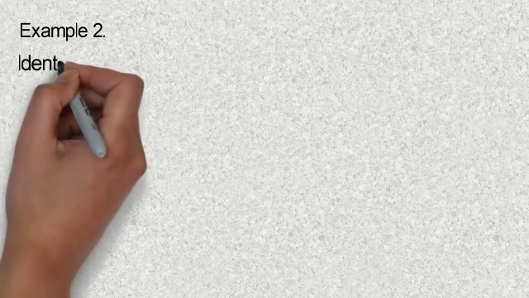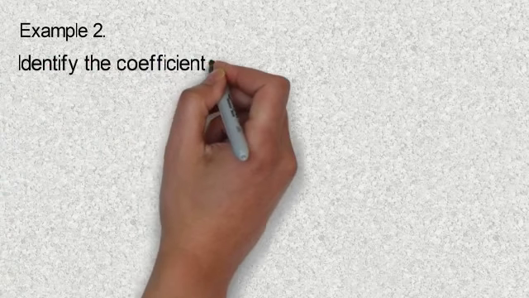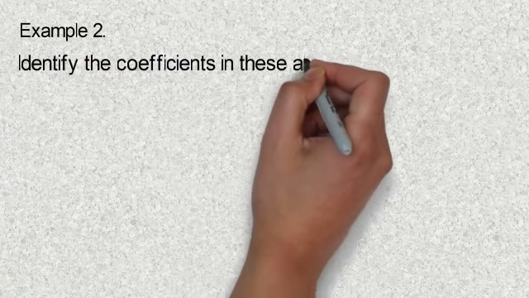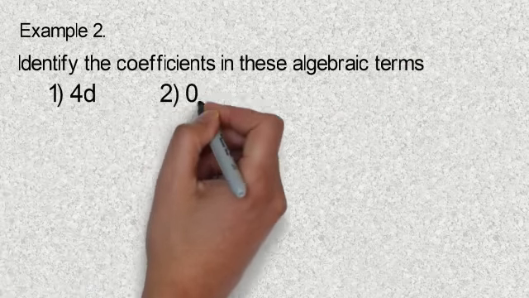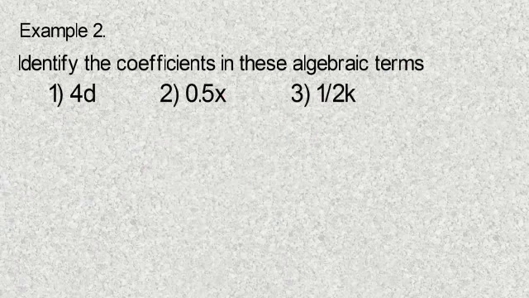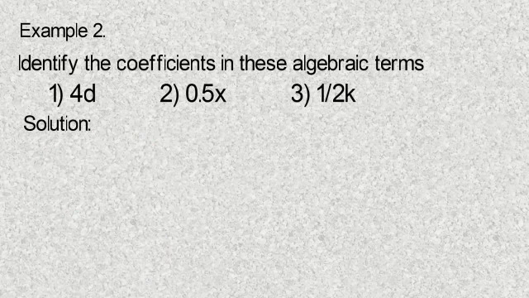Example 2. Identify the coefficients in these algebraic terms. Recall also that I said my coefficients are the numbers multiplying the variables. So in this sense, what are the coefficients of 4d, 0.5x, and 1 over 2k? Solution. So I have 4d. What is the coefficient of 4d?